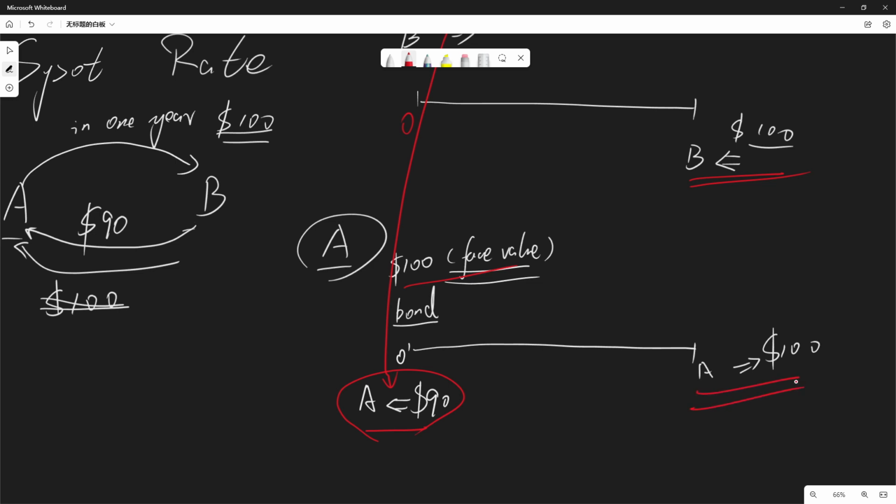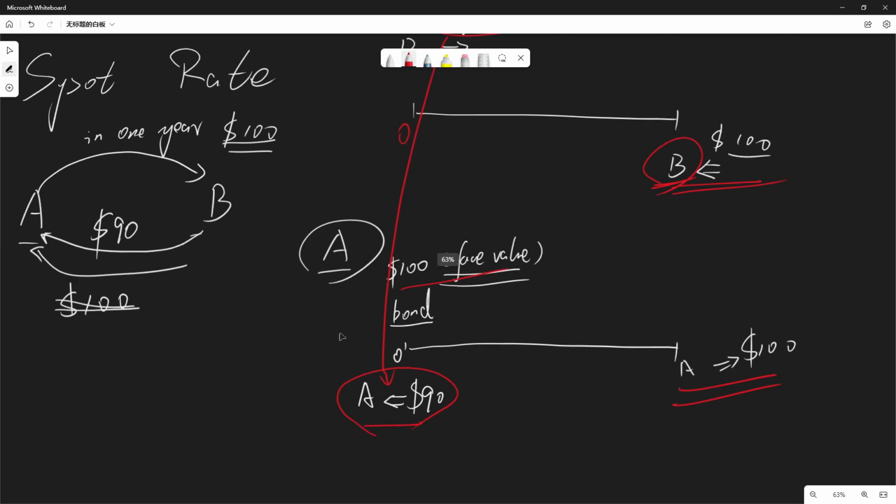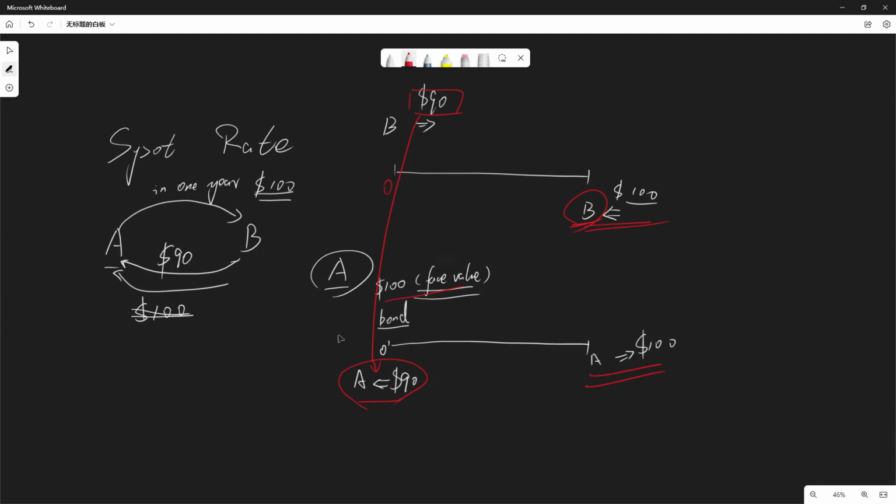But in 1 year, A will pay back that face value of $100 to the bondholder, who is B. So A needs to pay B back $100. So that is the transaction. If you already know this transaction, you already know how to calculate the spot rate.